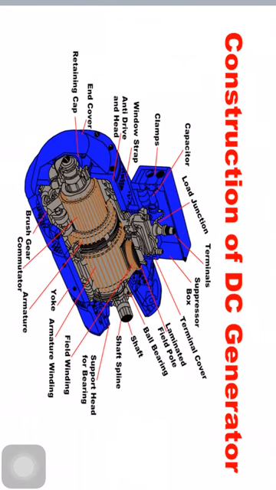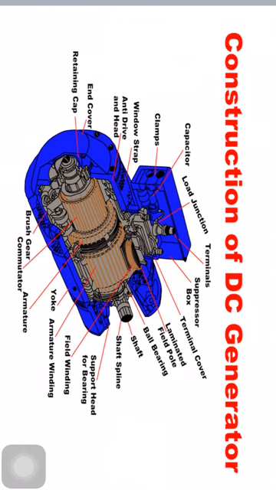Brushes are rectangular in shape. They are housed in brush holders which are usually of box type, and the brushes are pressed on the commutator surface by means of a spring whose tension can be adjusted with the help of a lever.